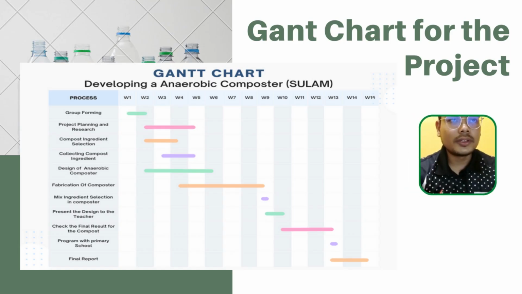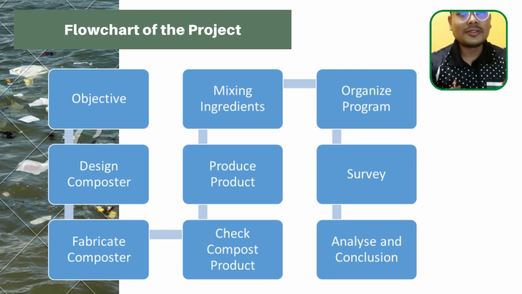As you can see, this is our Gantt chart for the anaerobic composter, starting with group forming until the final report, from week 1 until 40. Next, we proceed with the flowchart of the project.